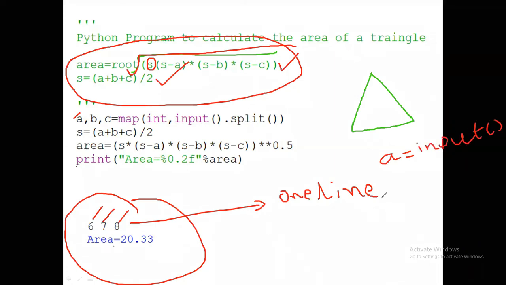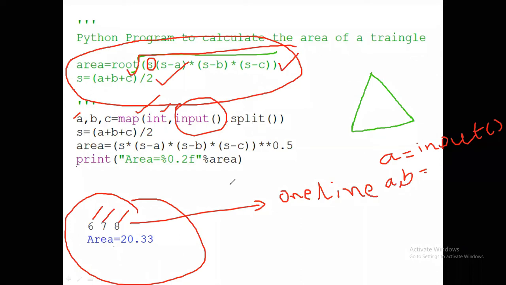For example, I want to read the values in the same line. So here I am using the map function. The map function, I hope you all know the input. And int is nothing but all the inputs you are going to read in one line, all are integers.